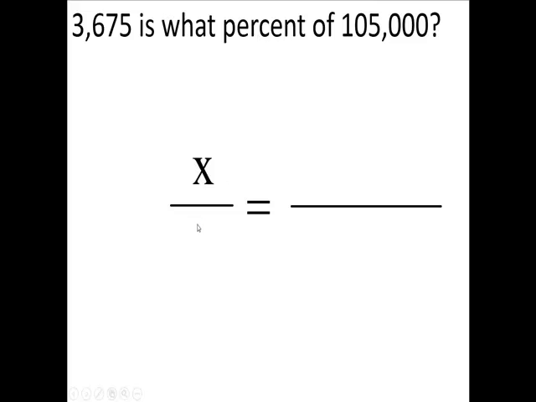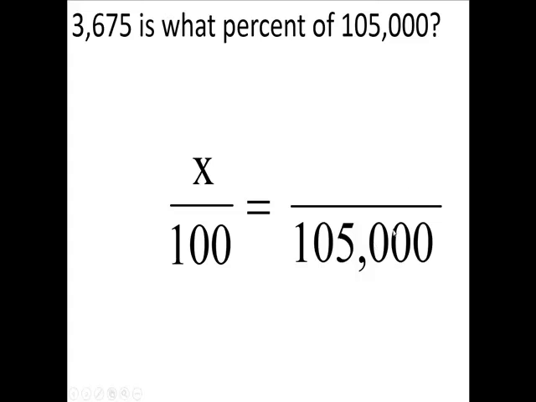I have x over 100. That's the what percent written as the left fraction. This is my rate. And the of points to the base. So 105 is the base because it comes after the word of. The base goes in the basement or the bottom. And the only other place that we have for the 3675 would be right here.